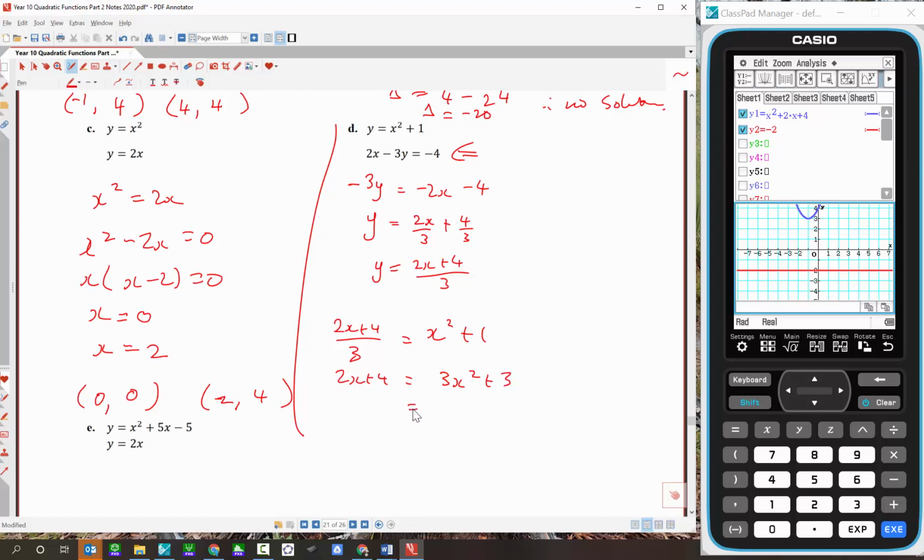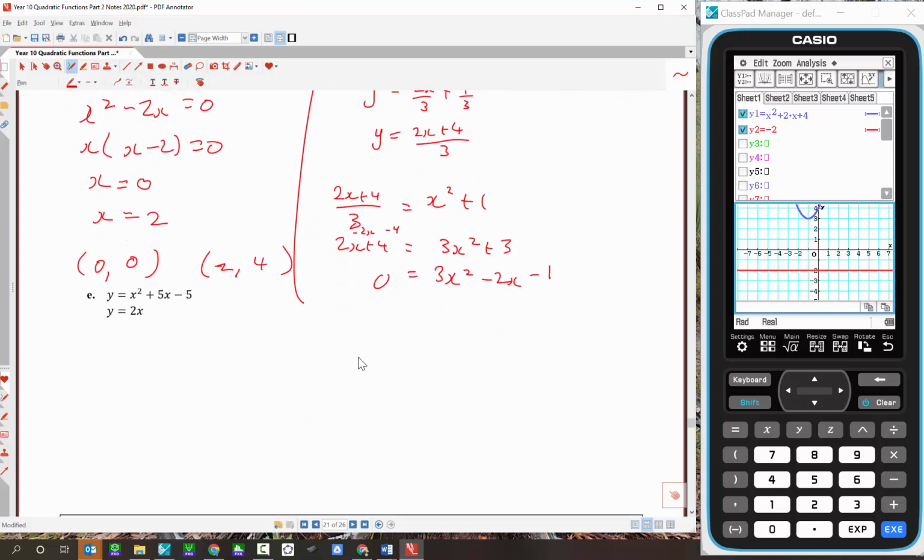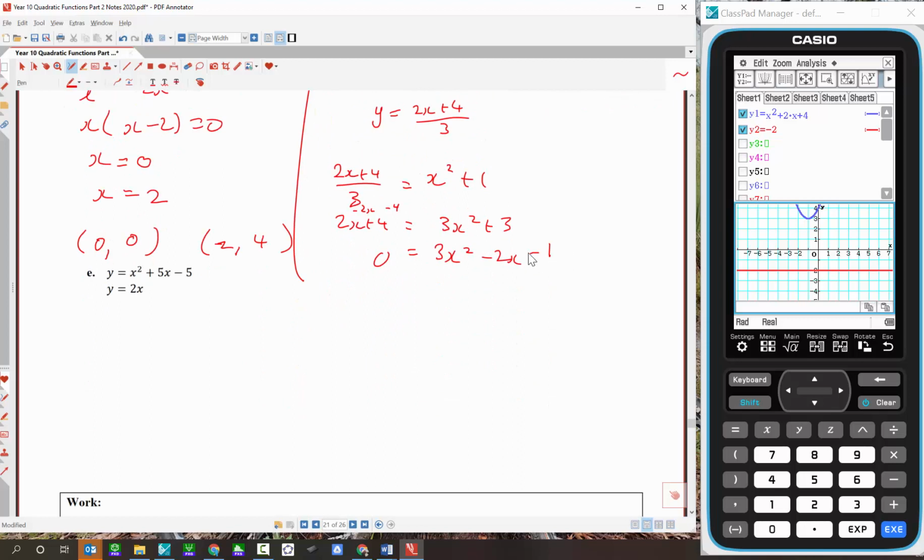Now let's subtract the things on the left-hand side. So take 2x and take 4. So I've got 0 equals 3x squared, take 2x, and I've got 3, and I want to remove 4, so that's take 1.